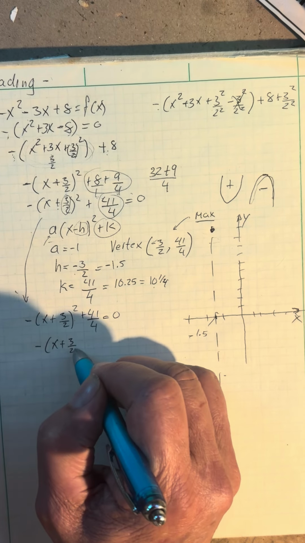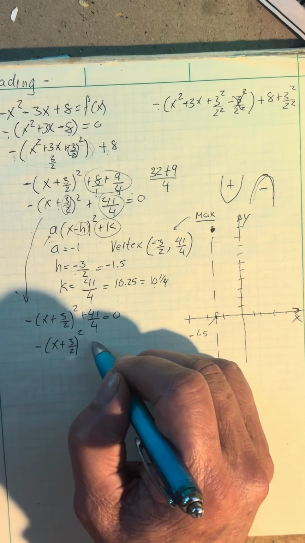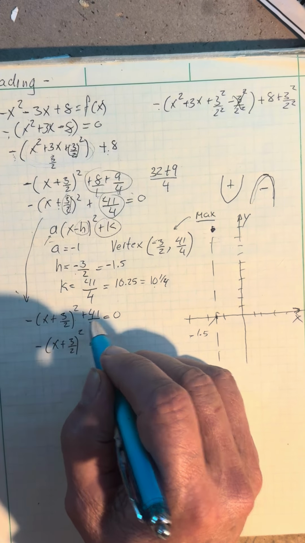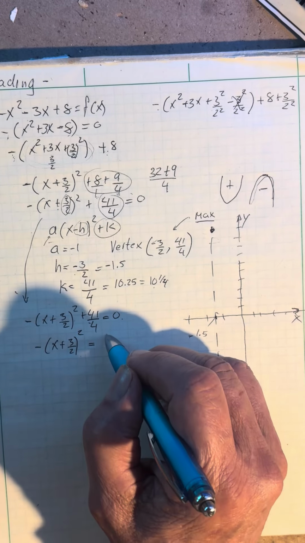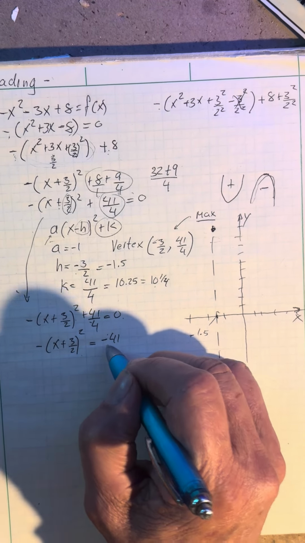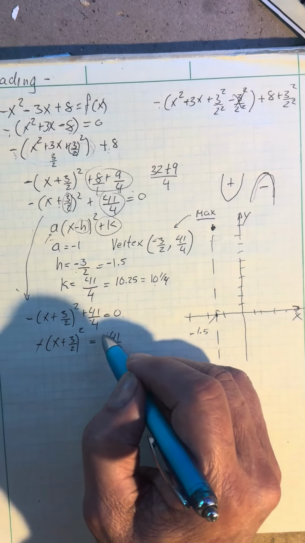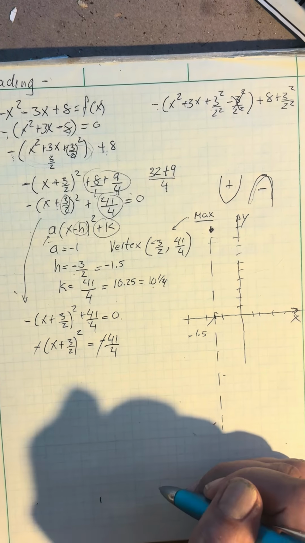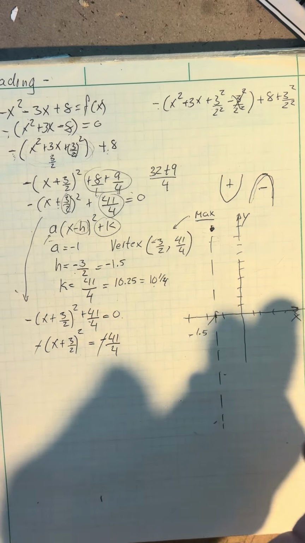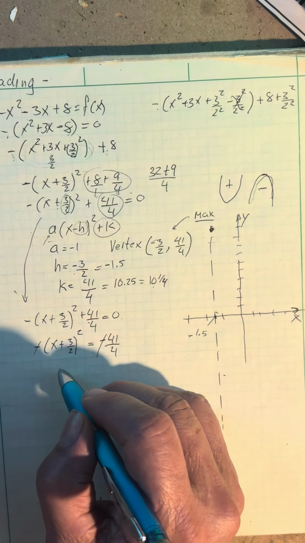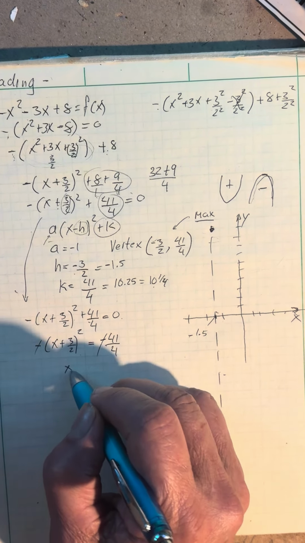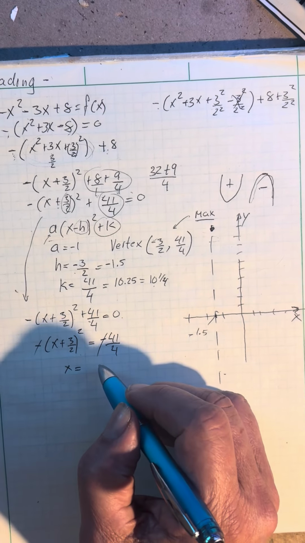3 halves, and we move this guy to the other side, so he becomes negative. But we can cancel the negative signs and treat this normally like we used to do before. So we leave x by itself.